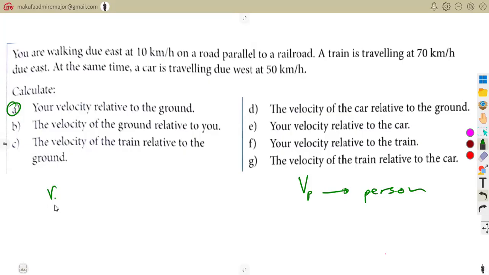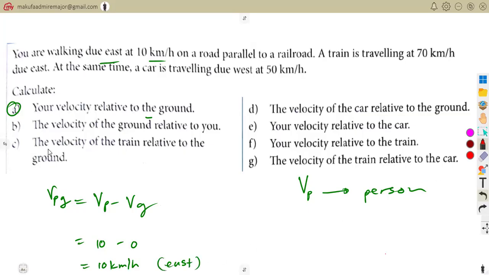VP is east, which is the positive direction, so it's going to be 10 minus 0. That will be 10 kilometers per hour to the east, because the ground is equal to 0. The velocity of the ground relative to you is the opposite, so it becomes negative.